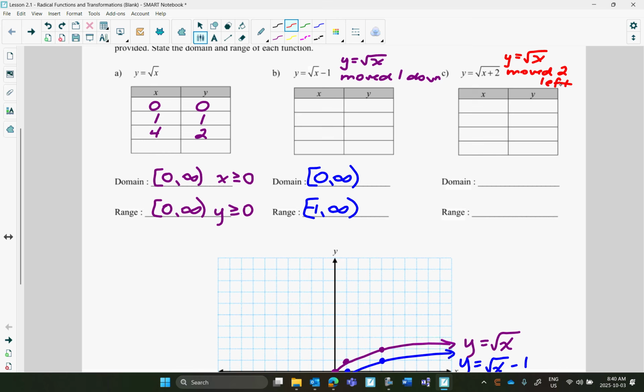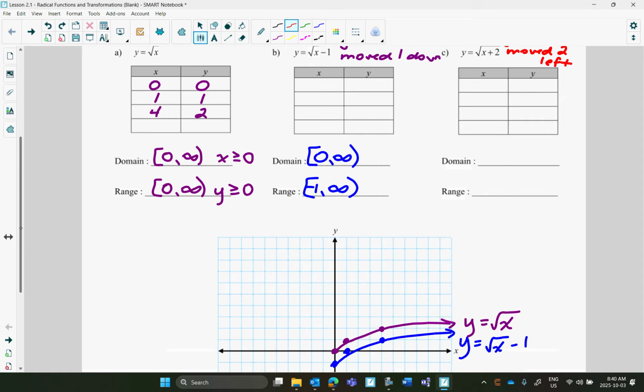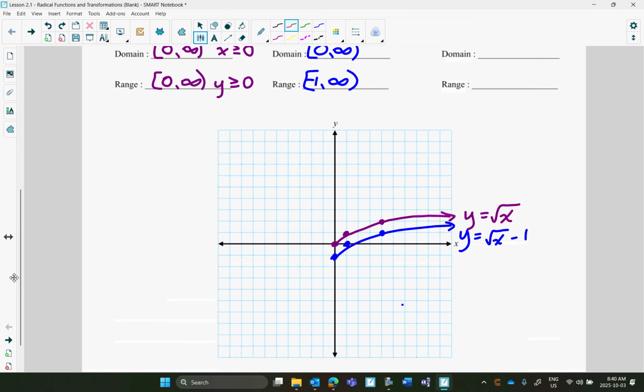So knowing or understanding our knowledge of transformations, we don't have to worry about doing the table. So remember, we're taking the original one and moving every point 2 to the left. And we're going to get this. And that's y equals root of x plus 2.